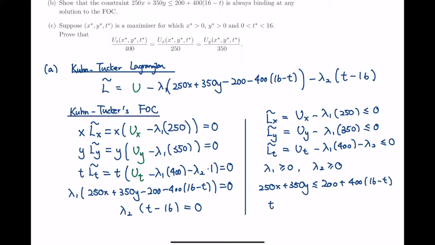And then you have t less than or equal to 16. And then the non-negativity constraints, x greater than or equal to 0, y greater than or equal to 0, and t greater than or equal to 0. Okay? So if you want to be more organized, these are all the equalities coming from complementary slackness.